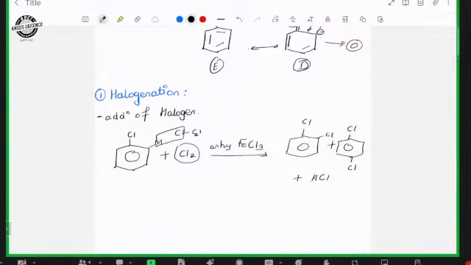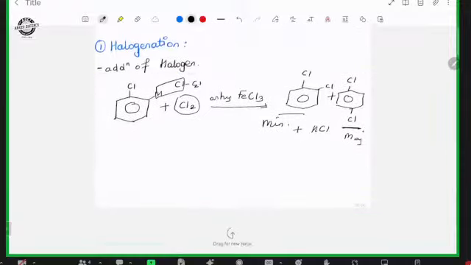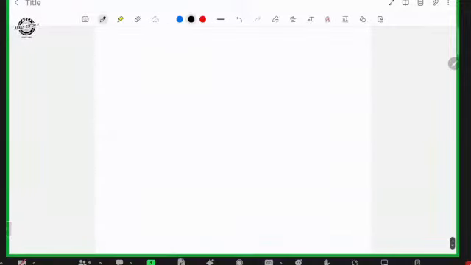Because chlorine and chlorine both are negatively charged species. So obviously they will try to minimize the repulsion between them. So this product will be my major and this product will be my minor. If it is forming at 98%, this will form at 2%. Okay. So this is the halogenation reaction.